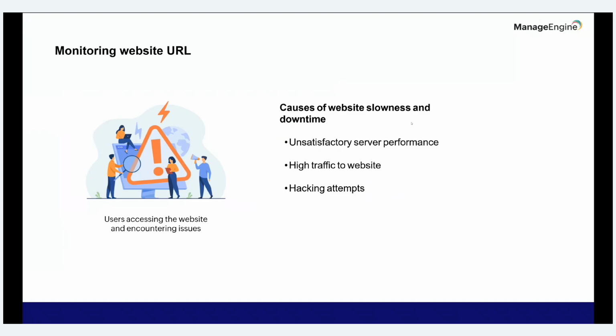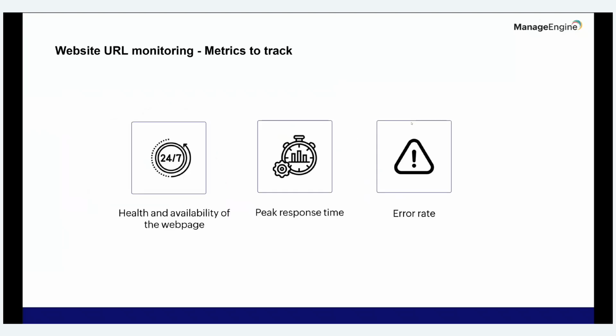The website URL monitoring helps us to understand the availability of your URL. It helps you to track the health of your URL by different metrics: response time, connection time, DNS time, first byte, last byte, error rate, page size changes, and so on. Let's say I want to track a sequence of my URL transactions.